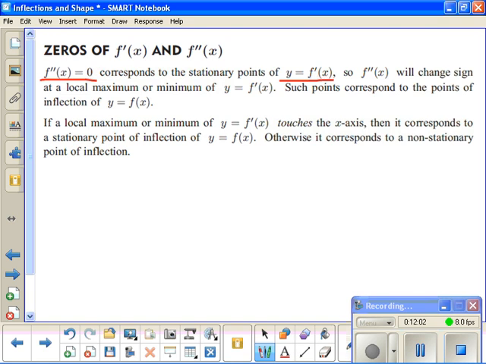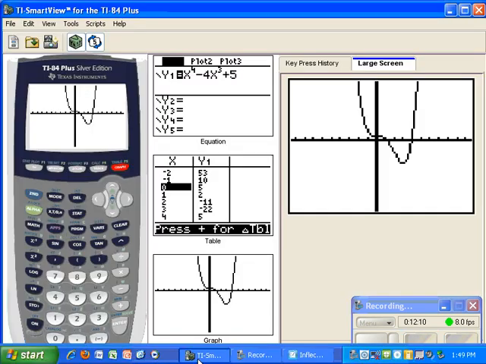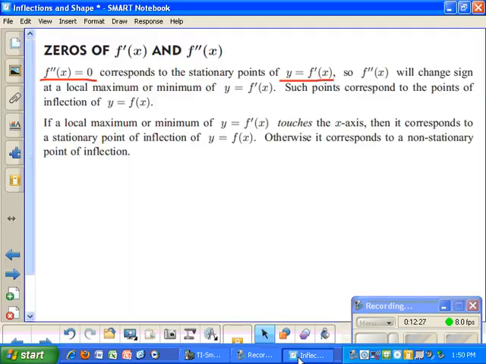So it's going to change from negative to positive, from decreasing to increasing. And we can see that on that graph. At this local minimum, doesn't it go from decreasing to increasing? It goes from negative to positive. Okay, so that's the first key there.